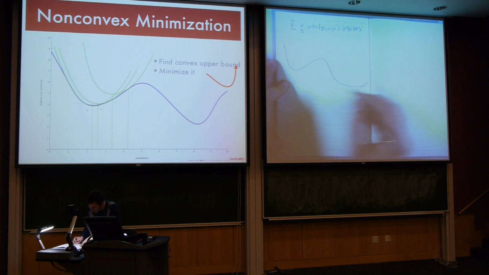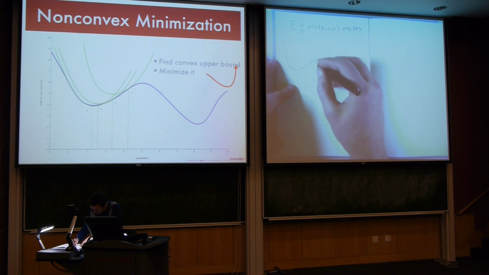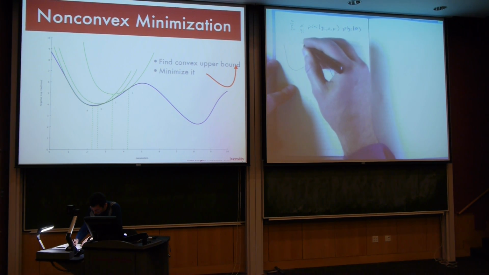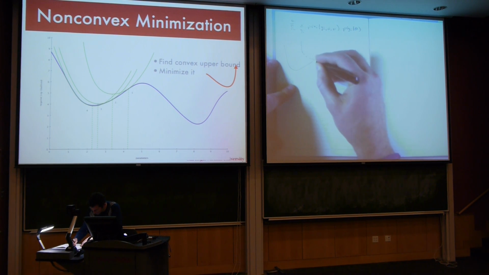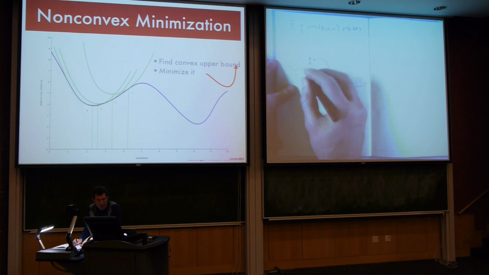So now let's say we have this function here, and let's say I'm here and I compute the convex upper bound, right? So now if I minimize it, maybe I end up here. Let's say a new minimum. If I then evaluate the minimum of that convex upper bound, I get a smaller value yet again. So I'm basically winning in both steps.